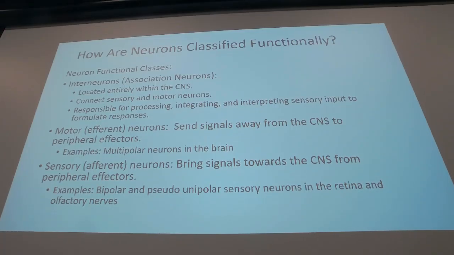These types of neurons can be bipolar or pseudo-unipolar. They're located in the peripheral ganglia, and also in the retina, the part behind our eyes, and in the roof of our nose. That's where we have sensory neurons for olfaction, so they are located in the olfactory nerve.